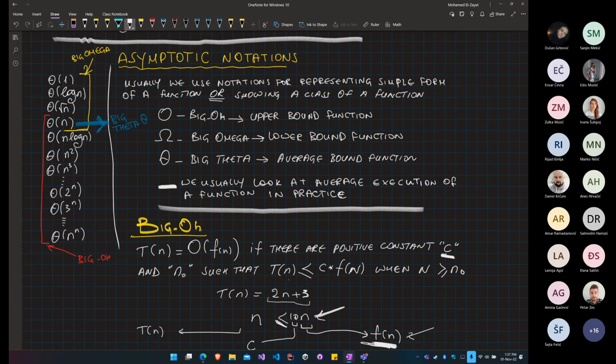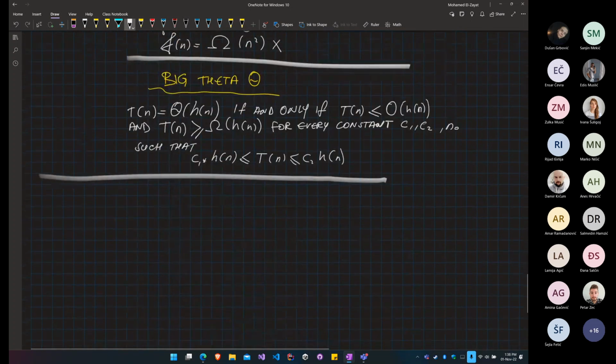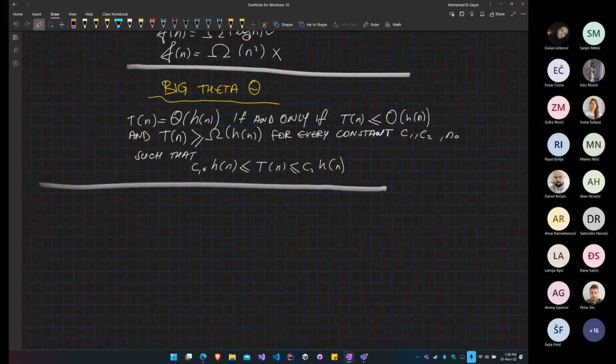However, the other, more realistic, more practical way of calculating complexity is something called calculating amortized complexity.